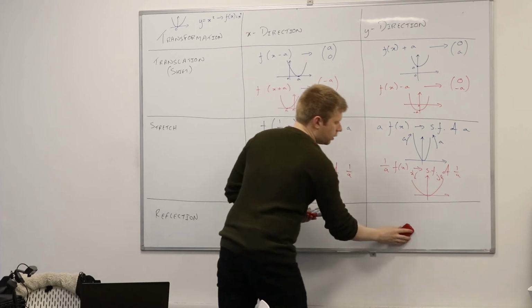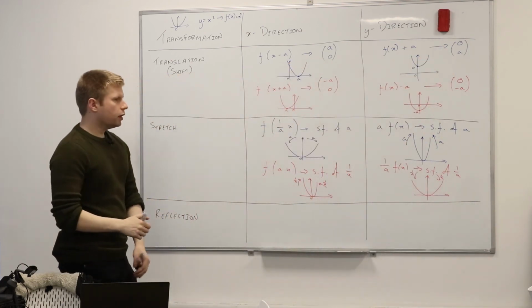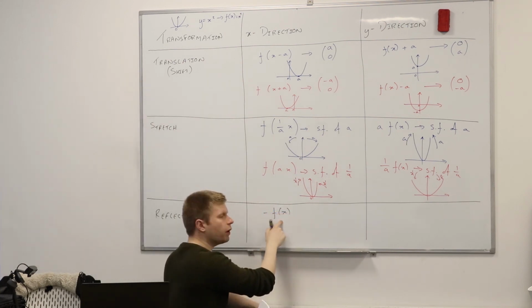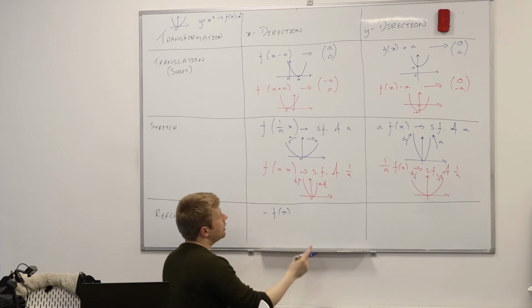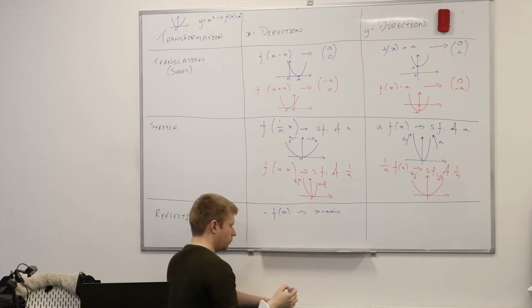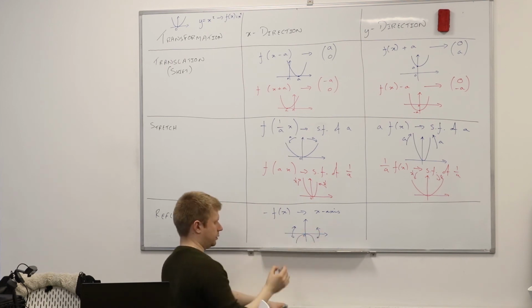Okay. And just very quickly, and then we'll finish off, let's do the reflection. So if I do, for example, negative f of x, so I do my function first, then make it negative, that is a reflection in the x-axis. So I get something that looks like this. It's basically just flipped upside down in the x-axis.